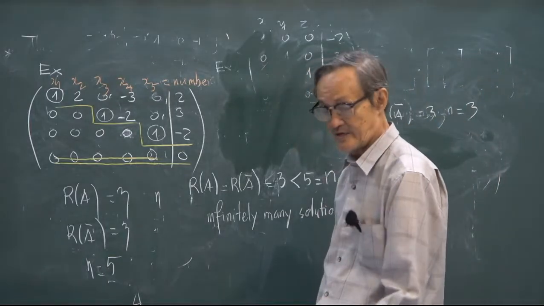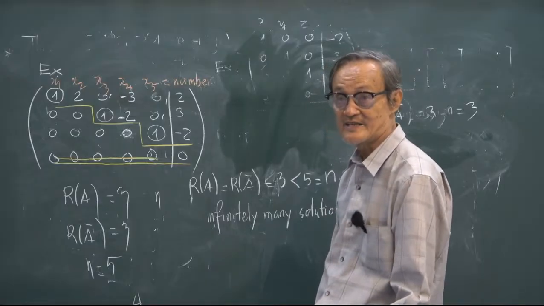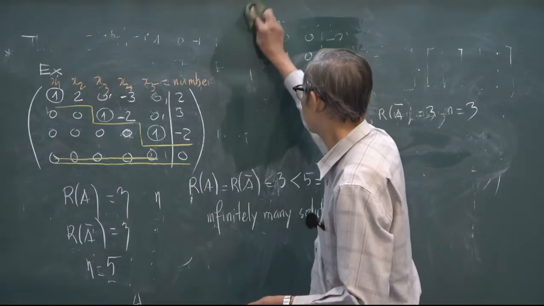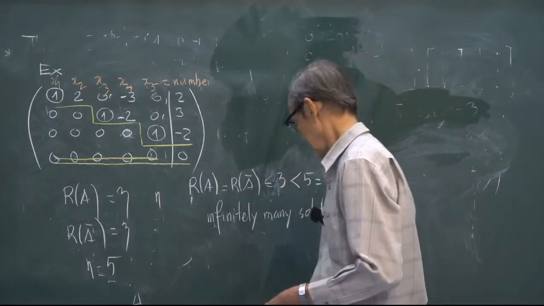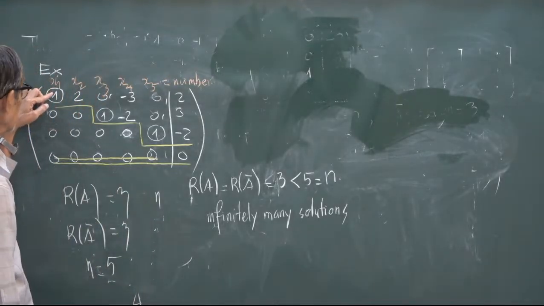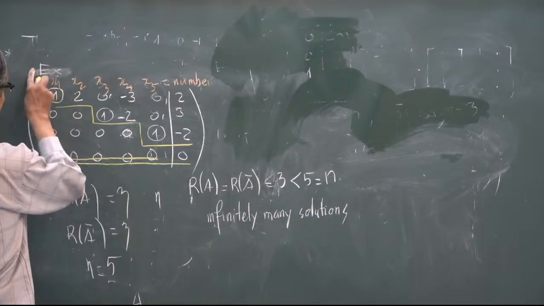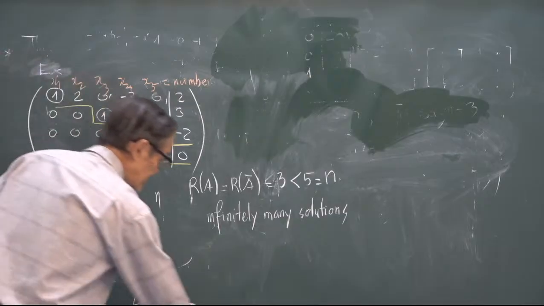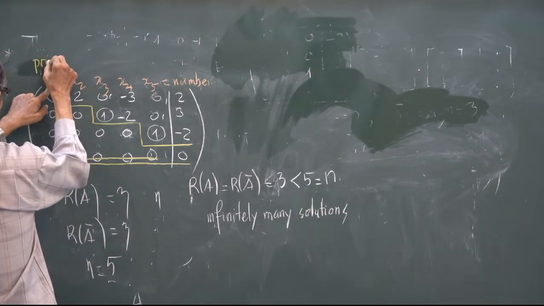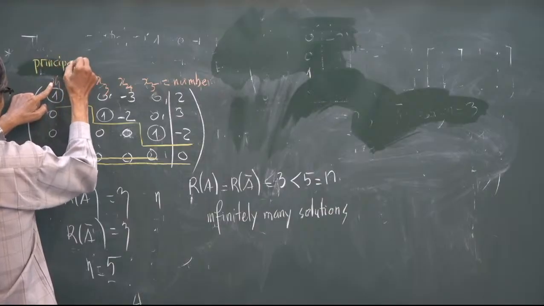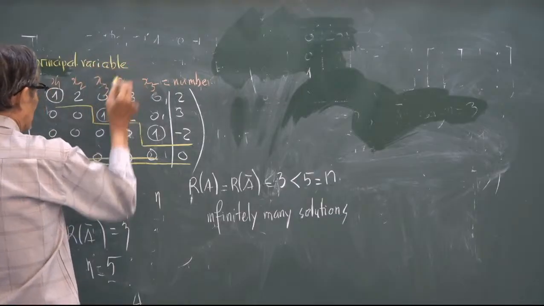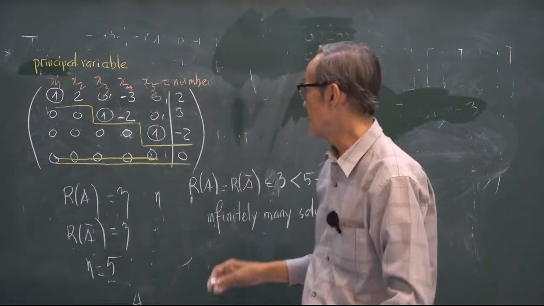Now we write up the formula for solutions. x1 corresponds to a pivot, so this is a principal variable.